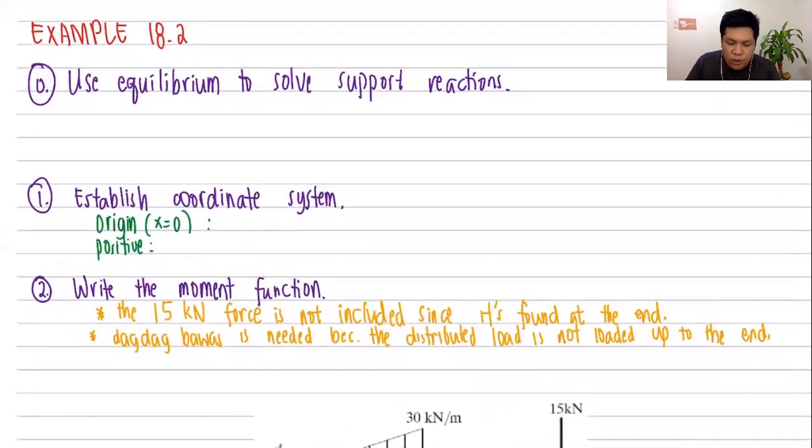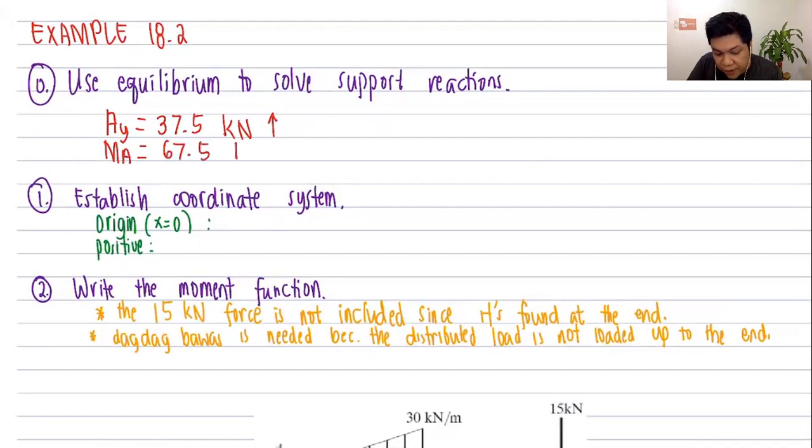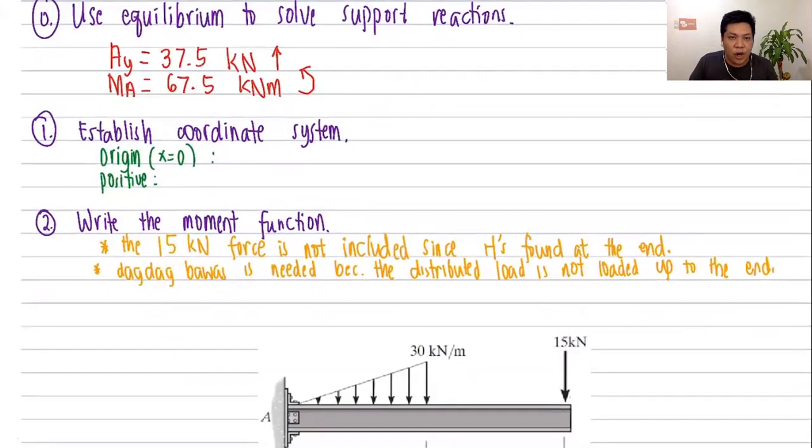Kindly show at home that for the support reactions, we have a fixed support, so you have a force reaction AY, which is 37.5 kilonewtons upward, and the moment reaction at A is equivalent to 67.5 kilonewton meters, counterclockwise. The next step is for me to establish the coordinate system. First, I need to establish two things. The first one is to establish the origin where x equals 0.